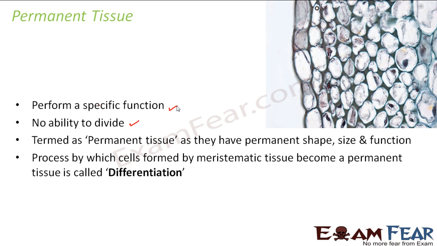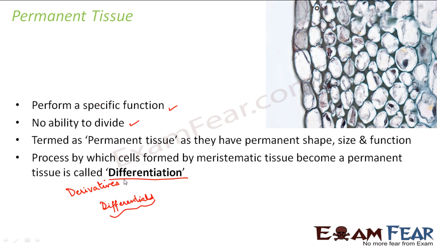The process by which cells formed by meristematic tissue become a permanent tissue is known as differentiation. When the meristematic cells divide, some of the new cells are thrown away from the meristem. Those cells are known as differentiated cells, and they are called derivatives.